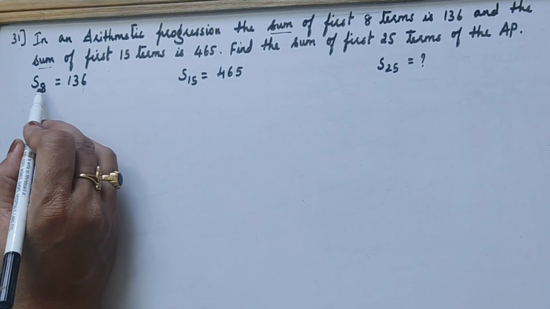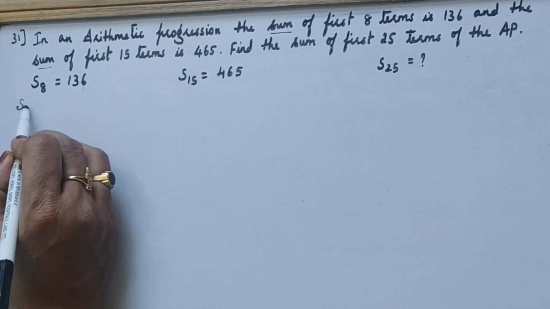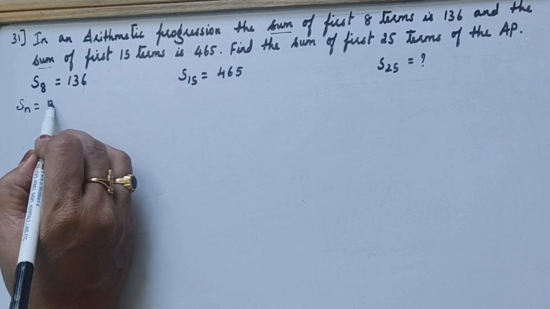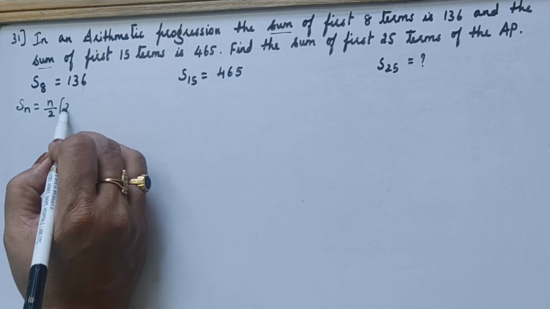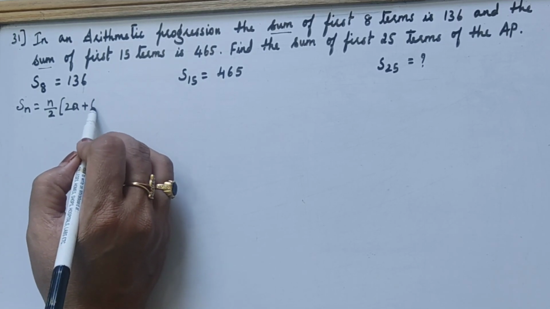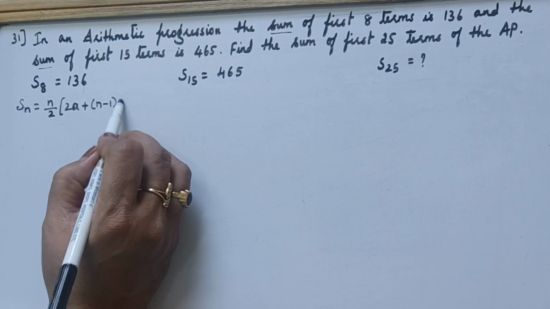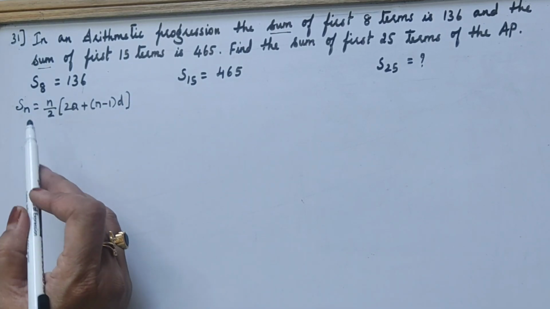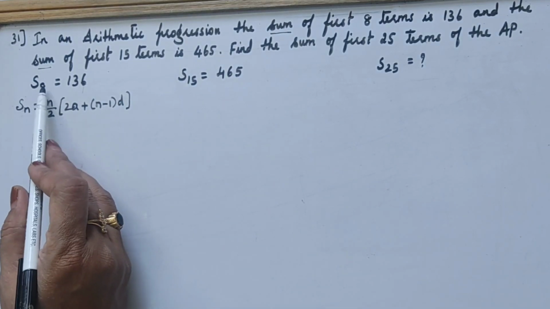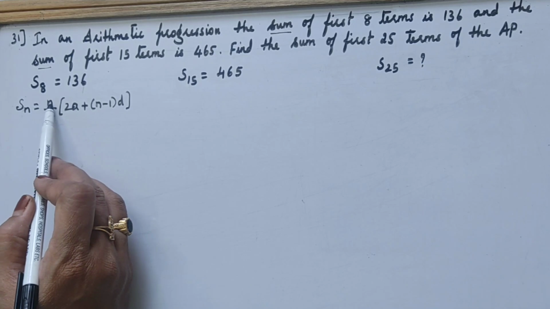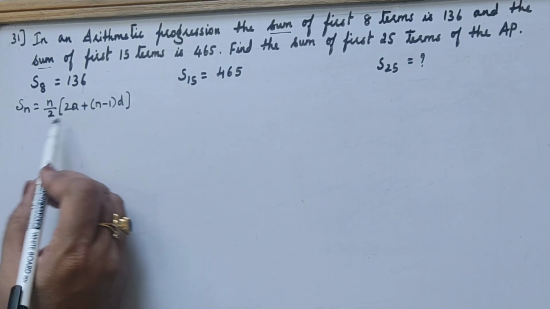Okay. Here let me apply the Sn formula. Sn equals n by 2 into 2a plus (n minus 1) into d. This is a formula where we know the value of n equals 8. Wherever you have got n, we'll just substitute with 8, students.